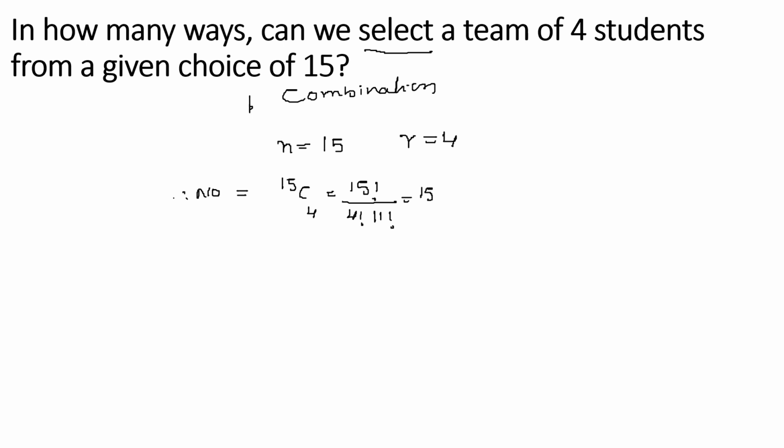So we have 15 into 14 into 13 into 12 into 11 factorial, over 4 factorial which is 24, into 11 factorial. So this 11 factorial and 11 factorial cancel. So we have 15 into 14 into 13 into 12 divided by 24. So total possible selection is 1560 ways. So total number of teams which can be formed is 1560.